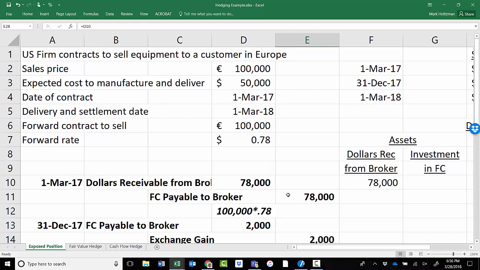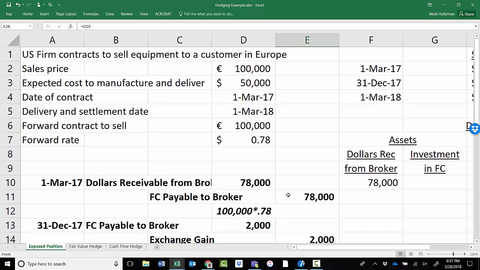The funny thing about hedge accounting, and this is a very important point to get, is that if you don't do the paperwork properly, then it's not an effective hedge, and you have to use exposed position accounting. It's mind-blowing. Nothing else in the FASB says that. You have to do documentation and testing to establish that it's an effective hedge.